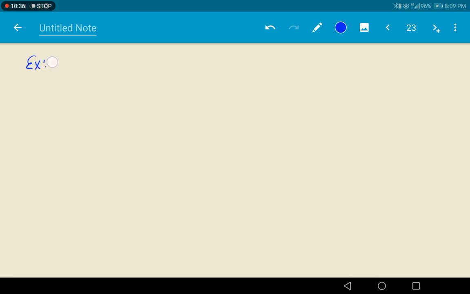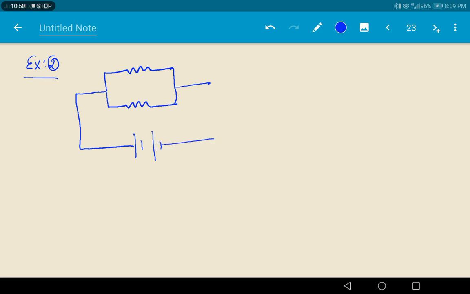The same resistors, 4 ohm and 6 ohm, now they are connected in parallel combination. Same question you can write, and the time for the passage of current is also the same.